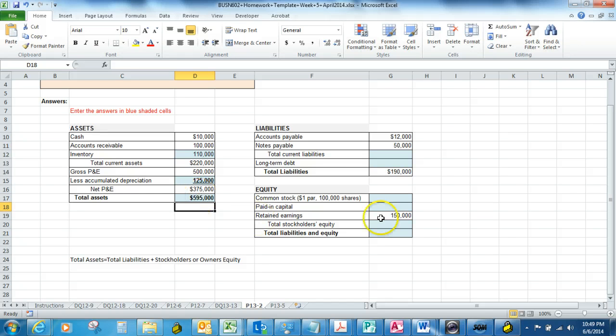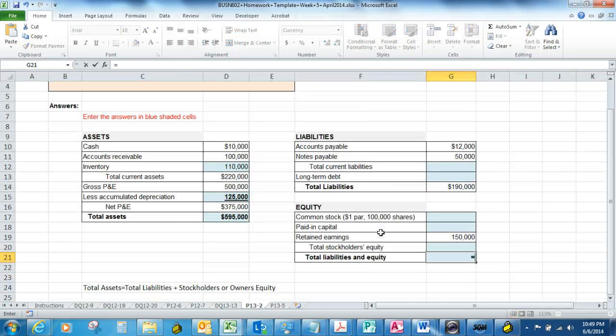Now, this number and this number are going to have to equal each other, so I can go ahead and put in that this number is going to be the same. And now we can work backwards knowing what this number is. Okay, so we can add these two numbers together, because the accounts payable and the notes payable have to give us a total current liabilities here.